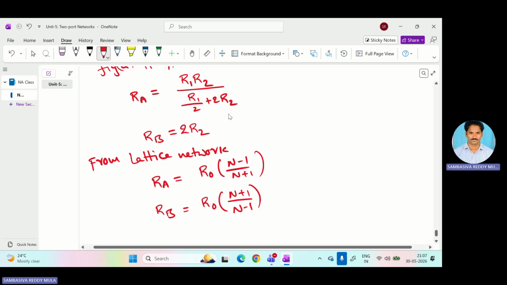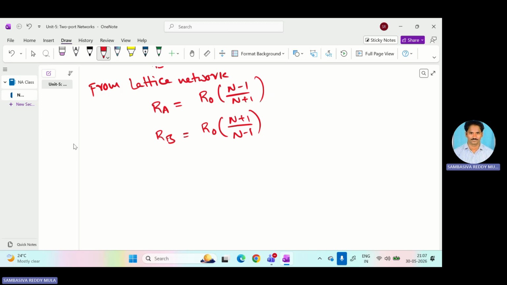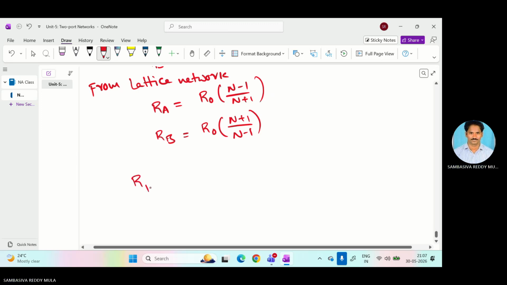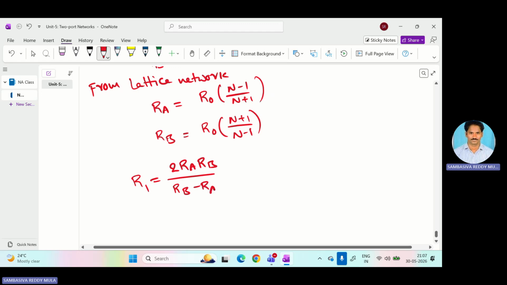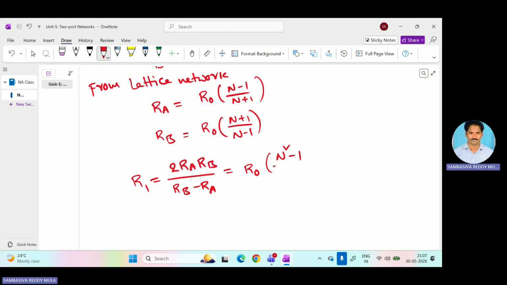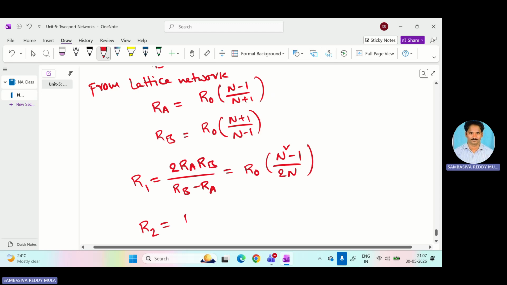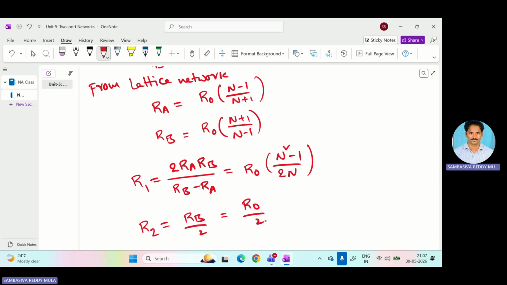So for this pi-type attenuator, solving this set of equations, we get R1 is 2 RA RB by RB minus RA, which is equal to R0 into n square minus 1 by 2n. And R2 is RB by 2, which is R0 by 2 into n plus 1 by n minus 1.